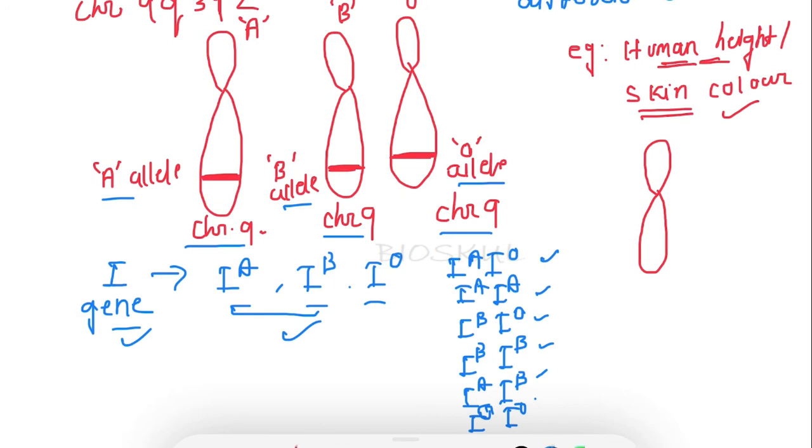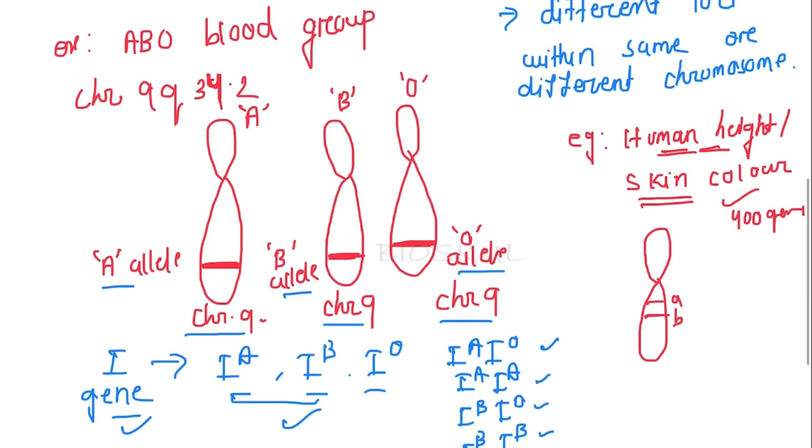And polygenes are located on different loci of the same or different chromosome. Let's say human height is controlled by 400 genes. Let's say genes A and B are two of these genes, and they are occupying different loci within the same or different chromosome.